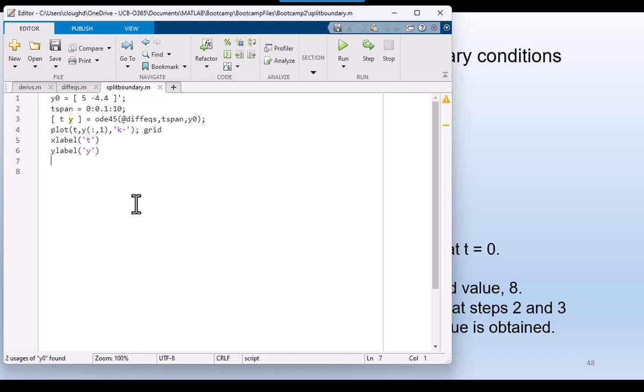And we note that what we're doing here is we're plotting all rows of the first column, and the first column corresponds to our y, all right? So as we run this, and you know that we want y to be equal to 8 at the final value.